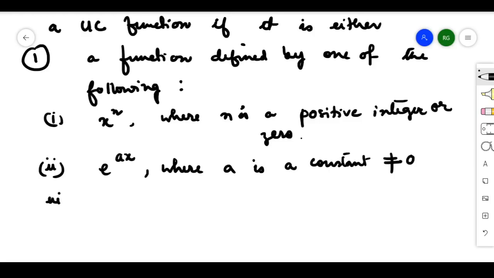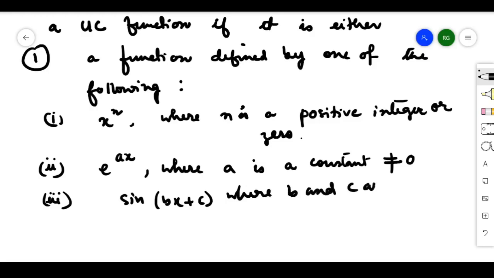Number 3, sin of bx plus c, where b and c are constants and b not equal to 0. Because if b is 0, then you will get a constant, sin c is a constant. But we are writing here a function of x.